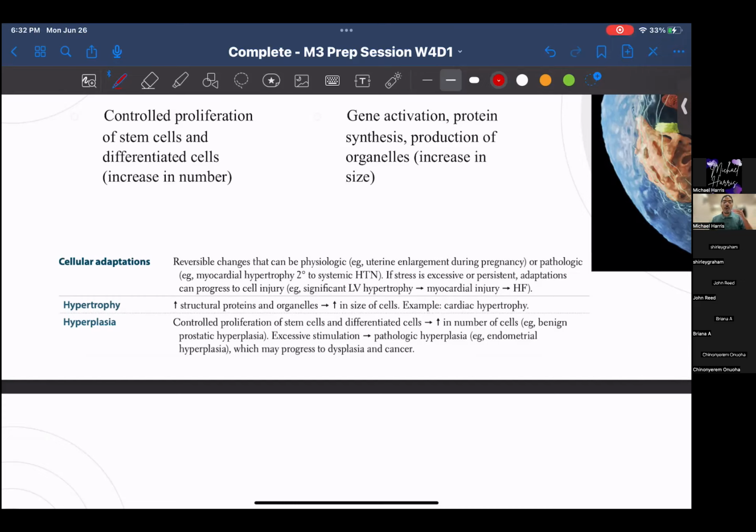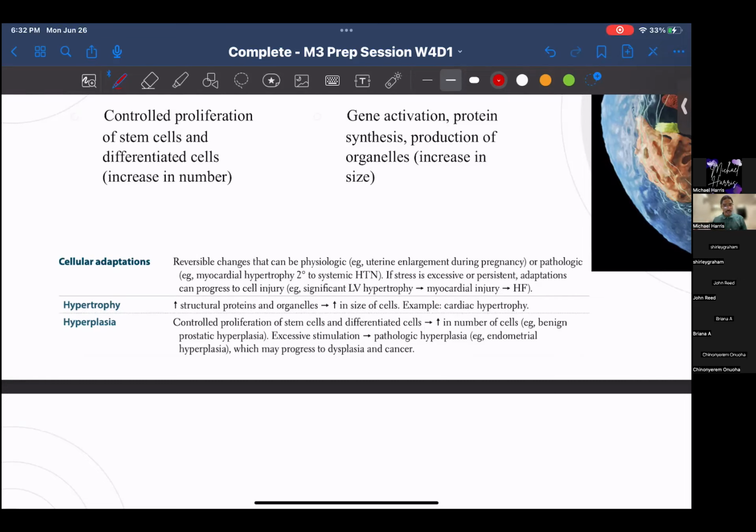Now, here's my question to you. If you had hyperplasia, what do you think is a big risk with having a lot of cells now dividing and multiplying when you originally didn't? Perfect. Cancer. This is that kind of segue into cancer. Hypertrophy, not so much.